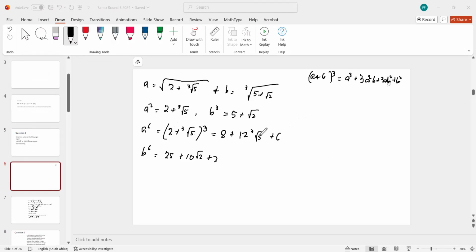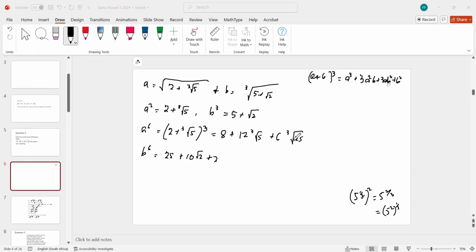And the square of cube root of 5 is cube root of 25. You can square inside, because squaring 5 to the 1/3 is the same as 5 to the 2/3, and that is the same as 5 squared to the 1/3.